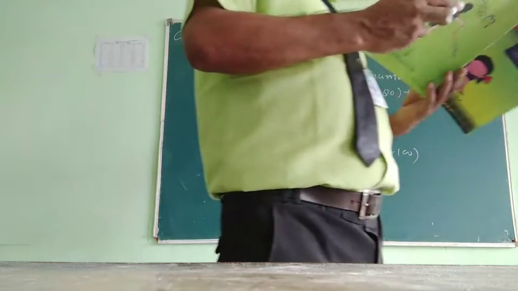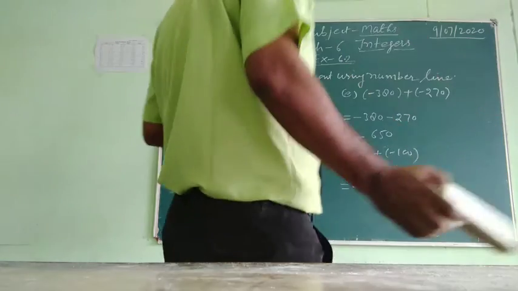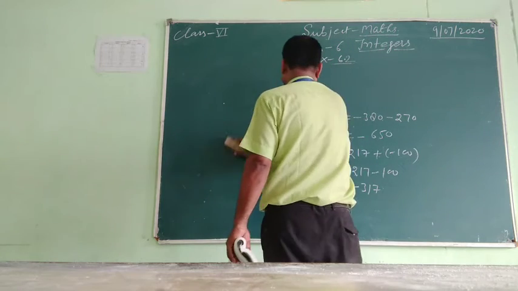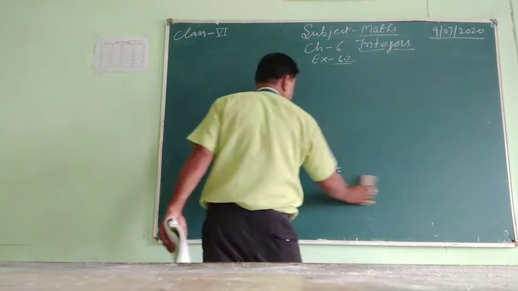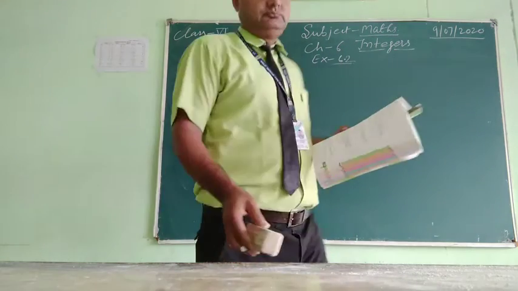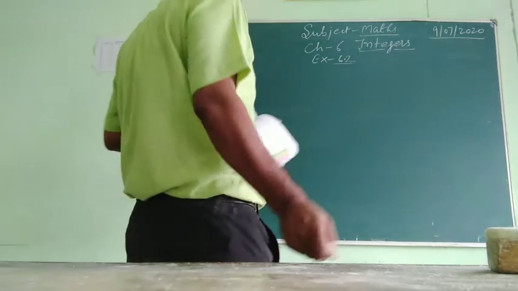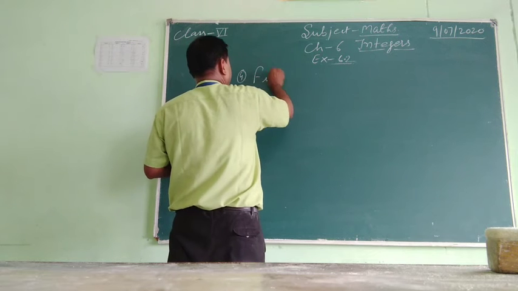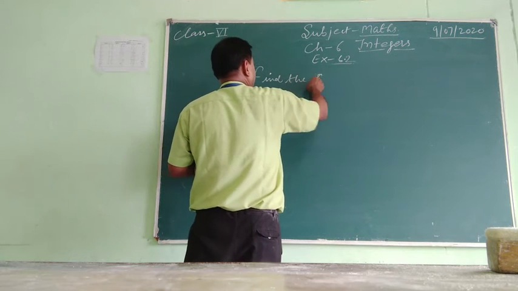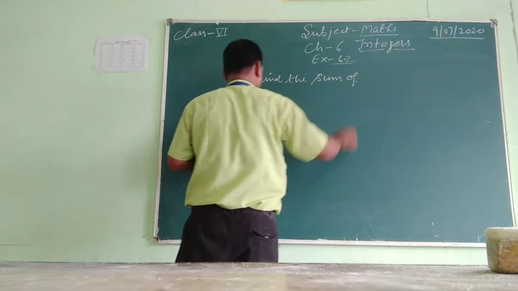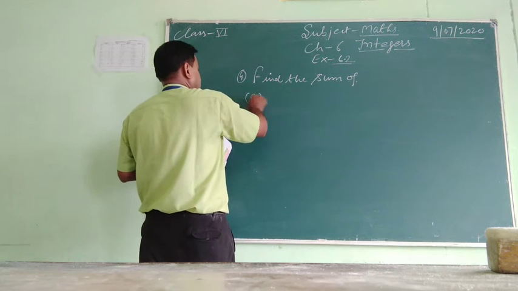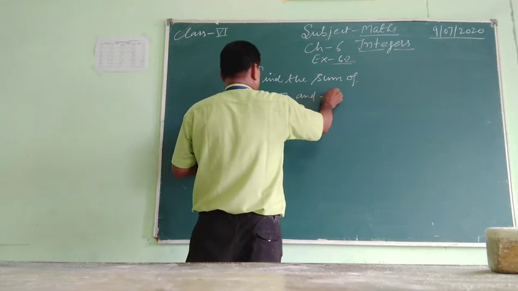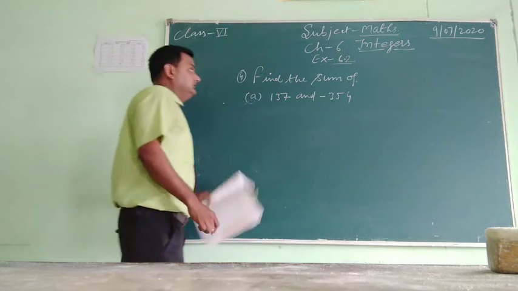Now question number 4, find the sum without using number line. Find the sum without using number line. Question number 4, find the sum of A part, 137 and -354.